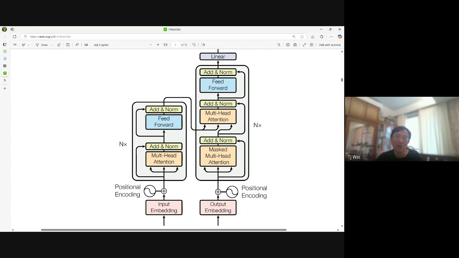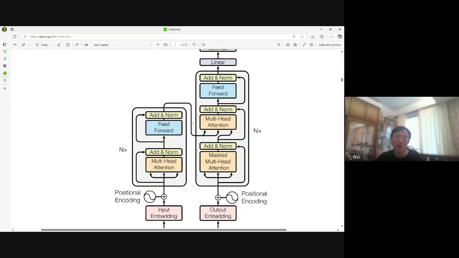So if you don't have an encoder, the typical decoder design is to just discard or eliminate this middle part. So it only considers the first part and the last part, which means it looks exactly the same as an encoder.